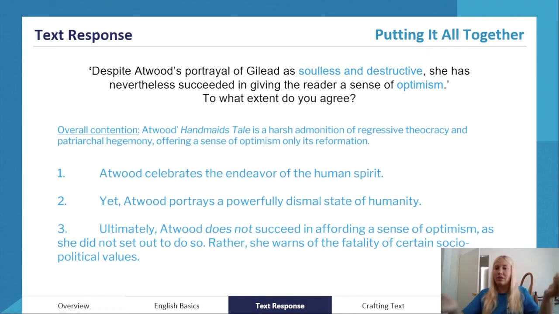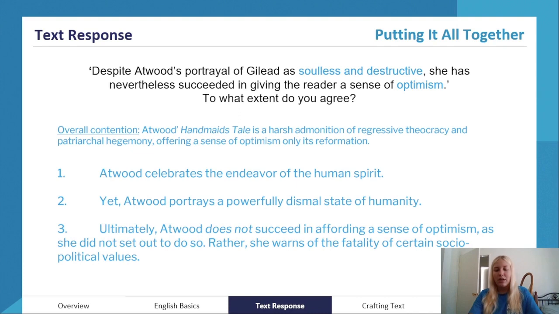So Atwood does create a sense of optimism by presenting people in a certain way, yet she portrays a dismal state of humanity. Ultimately, she doesn't succeed in affording a sense of optimism because she didn't set out to do so. Instead, this is a critical commentary of the depiction of this world, this dystopia, and the belief systems and value systems underlying it.